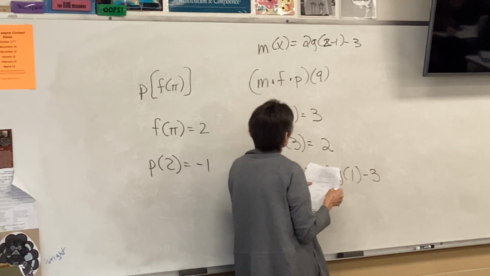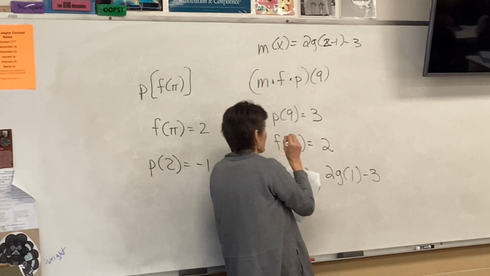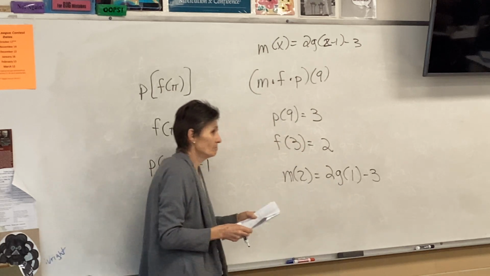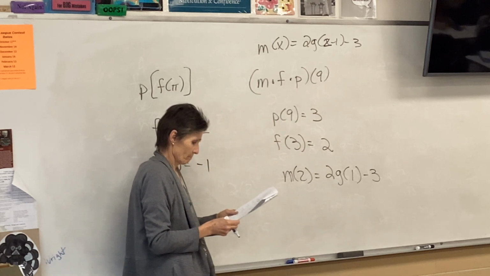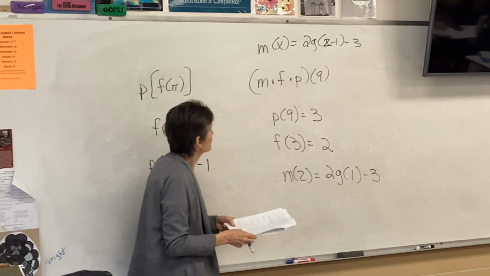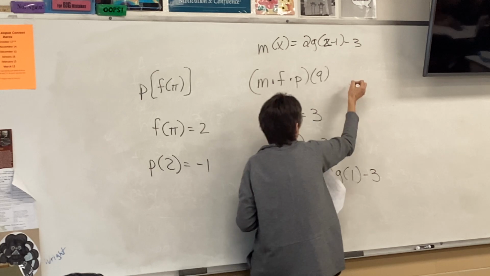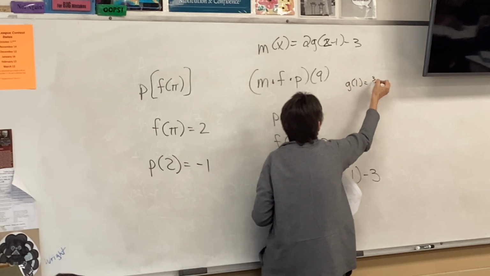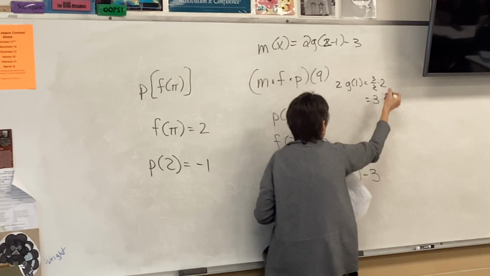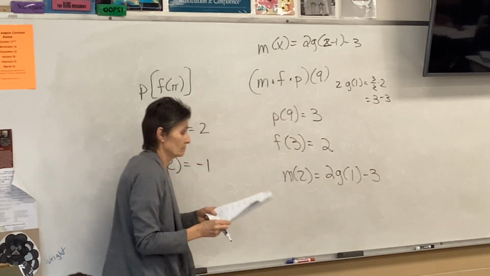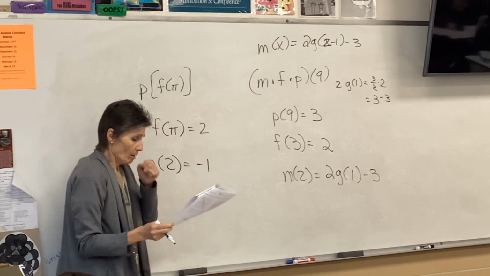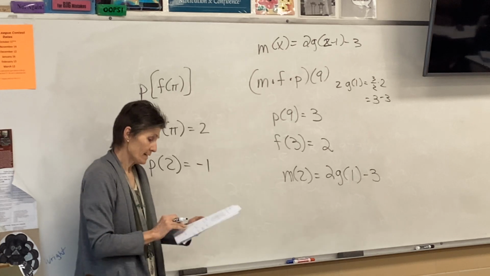And then 2 times that would be 3 minus 3, I got 0. Is that what I'm supposed to get? Let's see, is that what I got before? Yeah. G of 1 is 3/2 times 2 is 3 minus 3. All right, anything else?